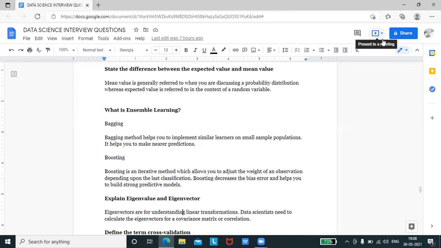The next question is to explain eigenvalue and eigenvector. A simple example is that an eigenvector does not change direction in a transformation.